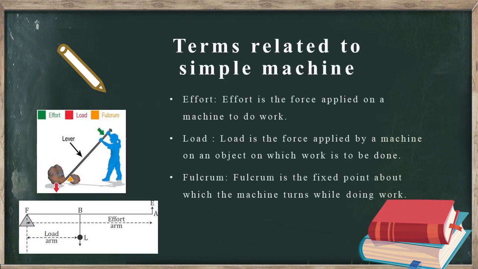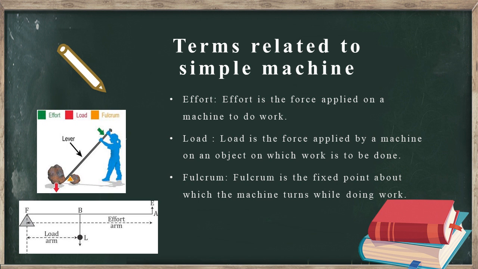Okay, children. Now let's talk about some terms that are related to simple machines. The first one is called effort. Effort is the force applied on a machine to do some work. It will be denoted by E. In the figure, you can all see E represents effort. The next one is load.